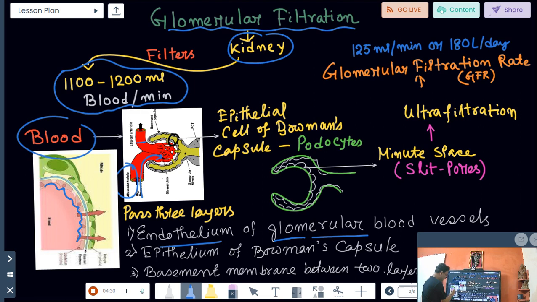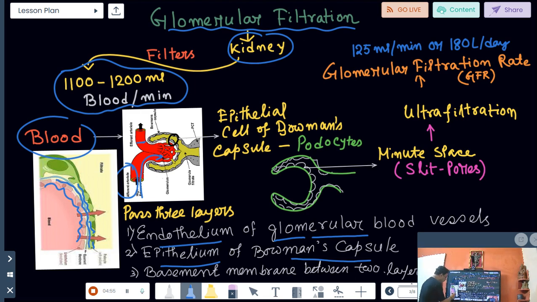Here, this is the endothelium layer of the glomerular blood vessels. Second, they cross the epithelium layer of the Bowman capsule. That means this green color portion is the epithelium layer of the Bowman capsule. But between the 2 layers, the basement membrane is present. This one is the basement membrane.